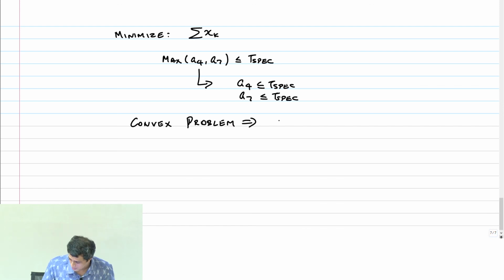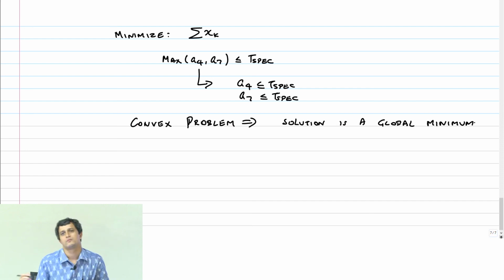Implies the solution is a global minimum, right? That's a question you asked me long back, saying in path delay, how are you sure that it's optimal? It's also the same thing. It's a geometric programming problem and the solution is guaranteed to be an optimal solution.